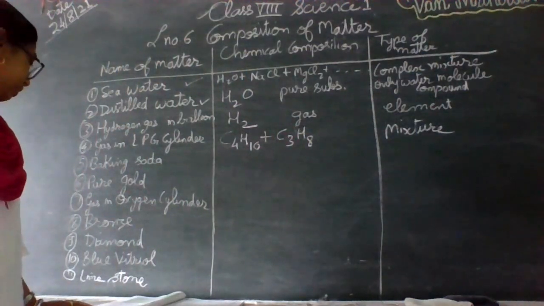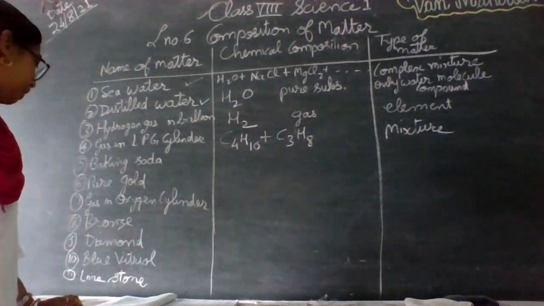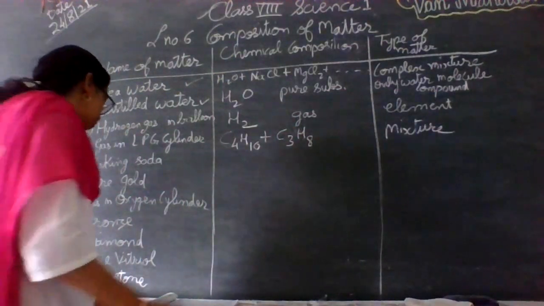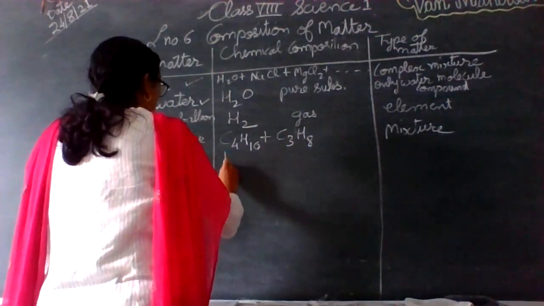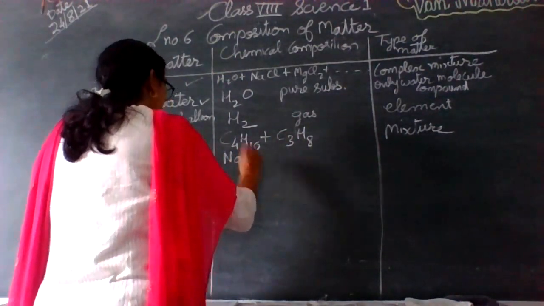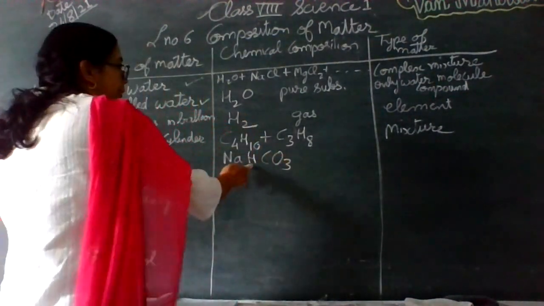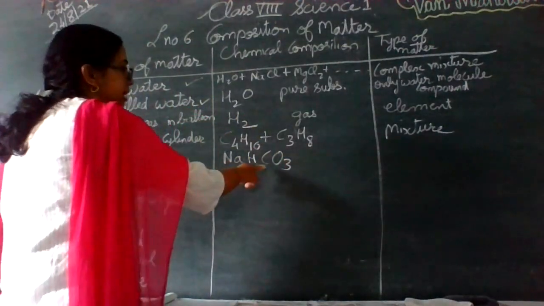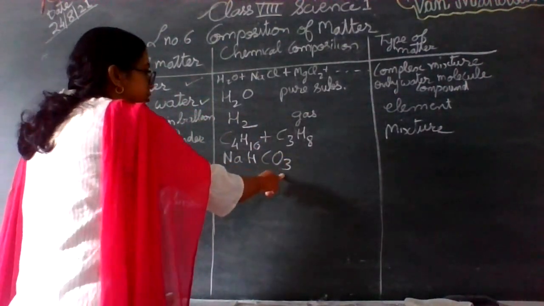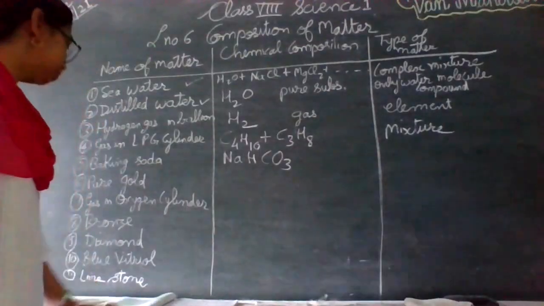The next category we are coming to is baking soda. The chemical composition of baking soda is sodium bicarbonate. Hydrogen is there, sodium is there, carbon is there, and oxygen is also there.